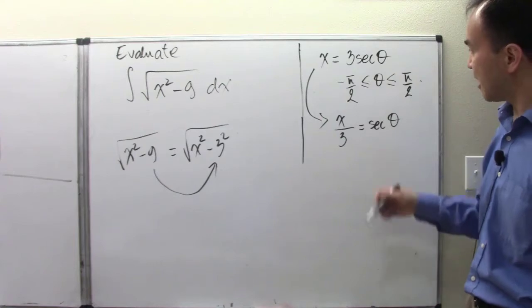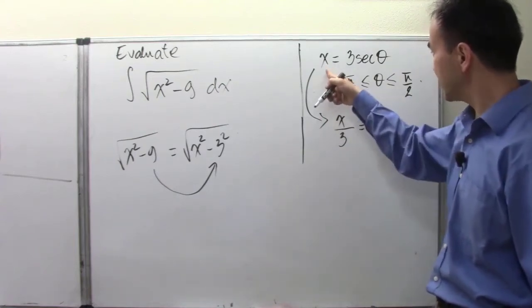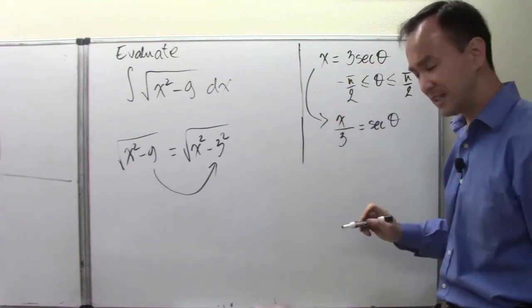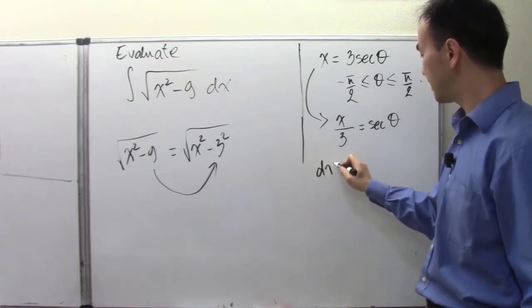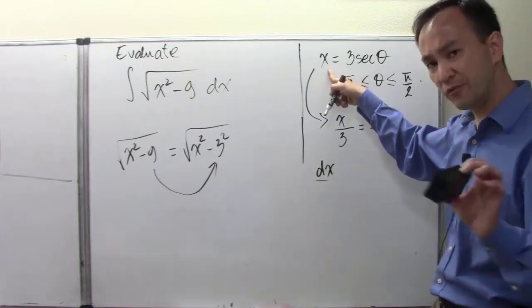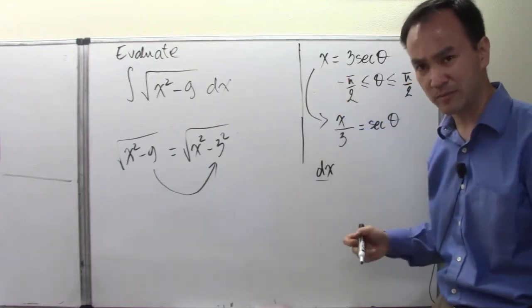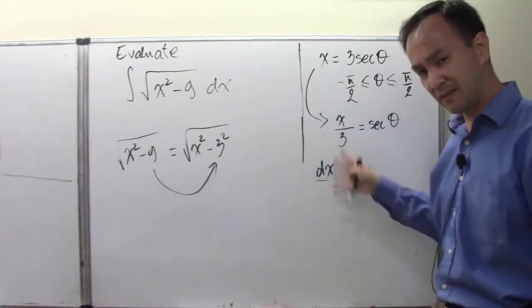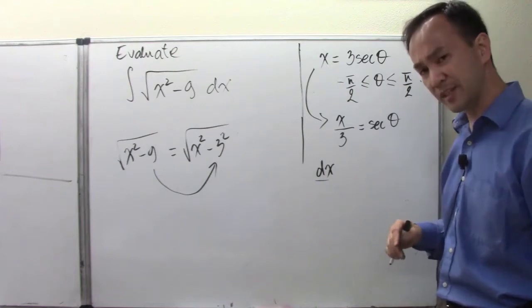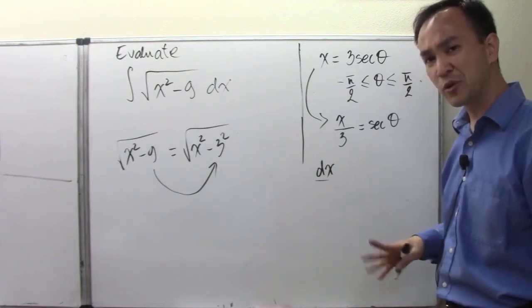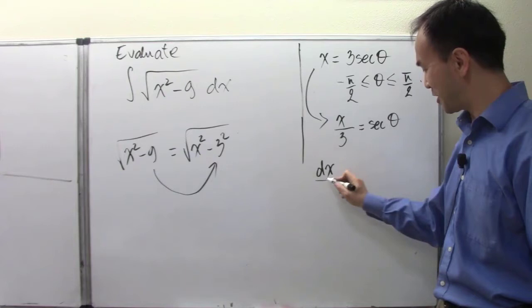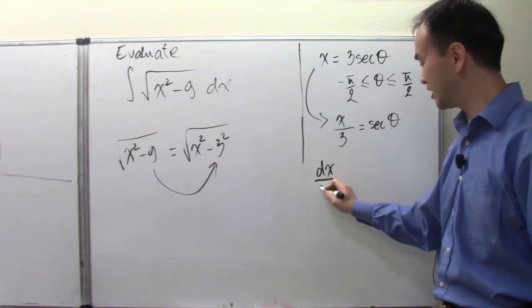And then, a further consequence: if x equals 3 times secant theta, then we take the derivative of this function, because right now x, the way we're writing it, is a function of theta. Just like the same fundamental we have seen since the beginning of trig substitution, there are multiple ways of doing this.